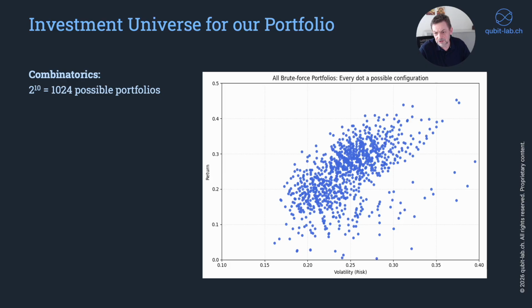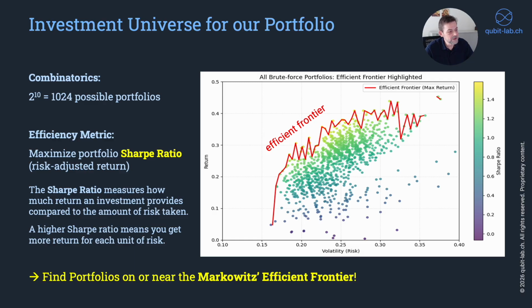Each dot is one portfolio here, one possible combination. If we add the optimization metric, the Sharpe ratio, then we see here the colors. The more yellow it is, the better, the higher is the Sharpe ratio. And you see here also the discrete efficient frontier. And our objective is to find portfolios on or near the Markowitz efficient frontier.